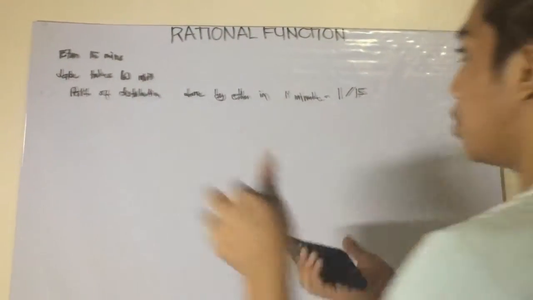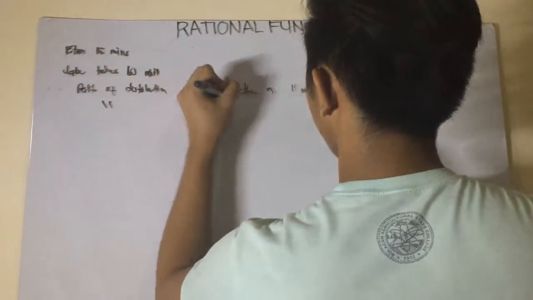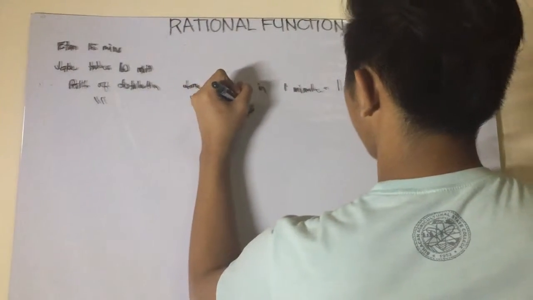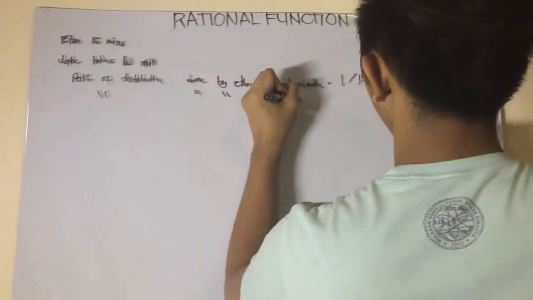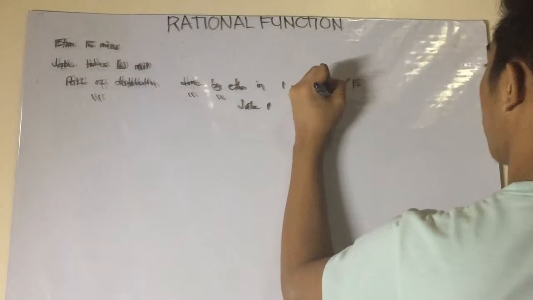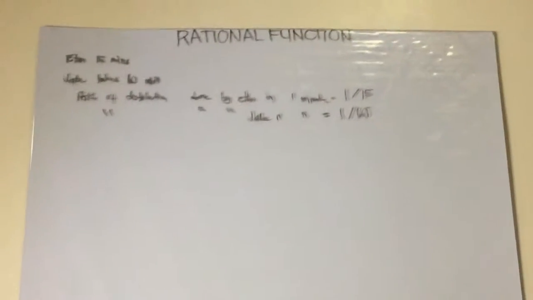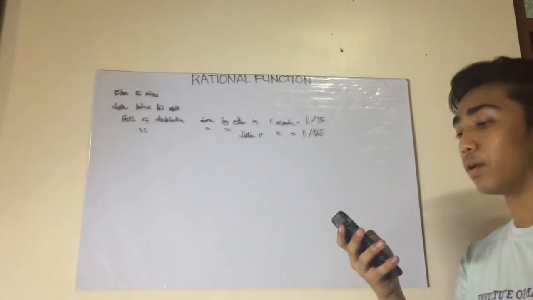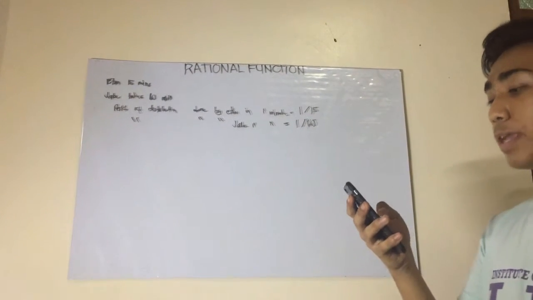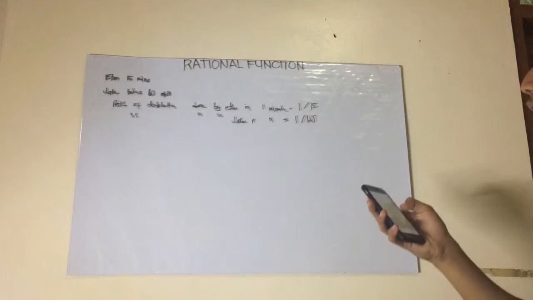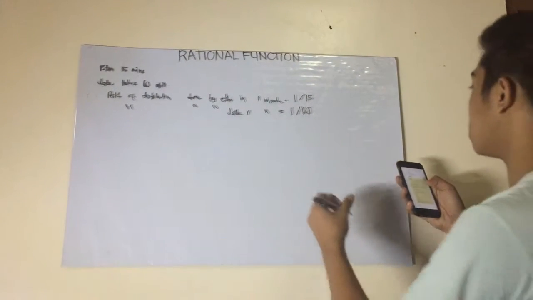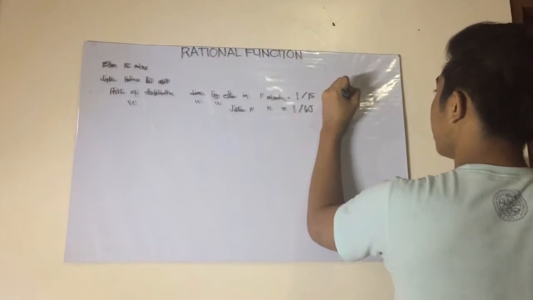Then, ang part of distribution by Jake in 1 minute is 1/60. So, ang gagawin ngayon, gawin ulit natin katulad ng kanina example. Let T be the time spent by Ethan and Jake in distributing the newspaper in Rosedale. So, T ulit yung time.